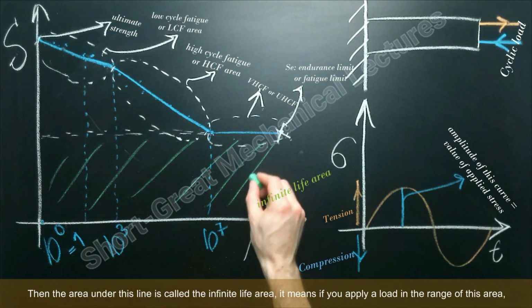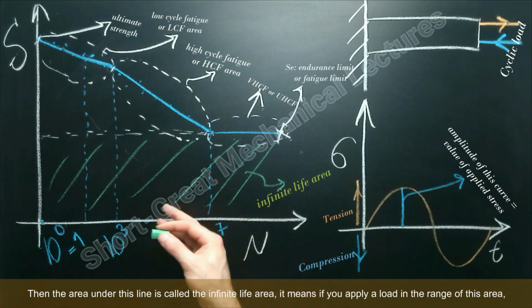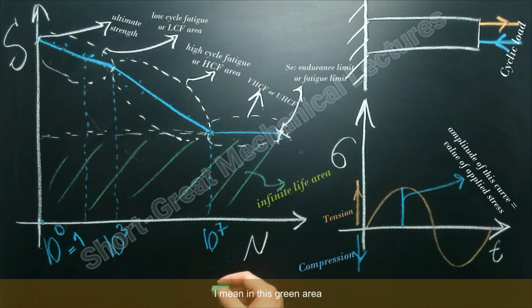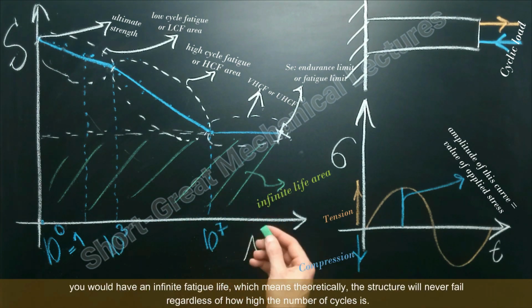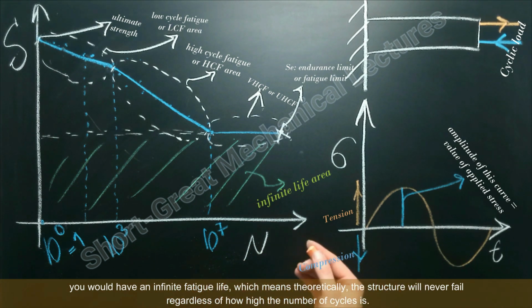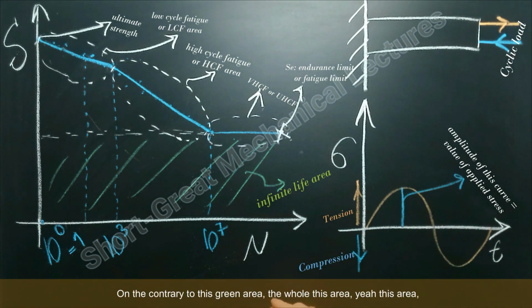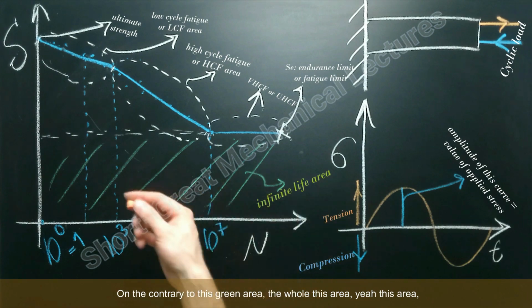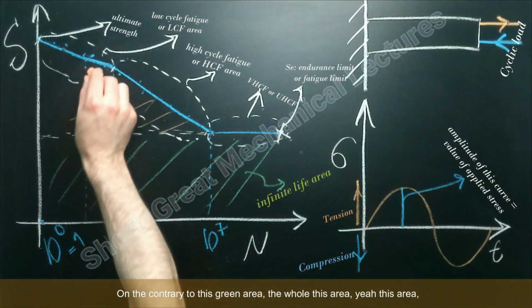It means if you apply a load in this range, I mean in this green area, you would have an infinite fatigue life, which means theoretically the structure will never fail regardless of how high the number of cycles is. On the contrary to this green area, this area.